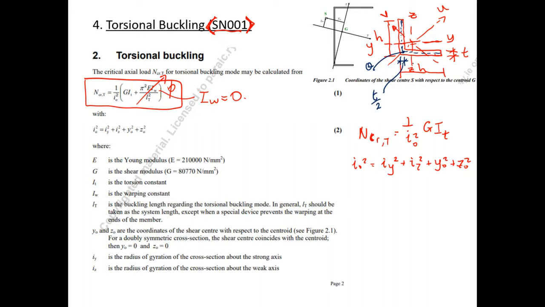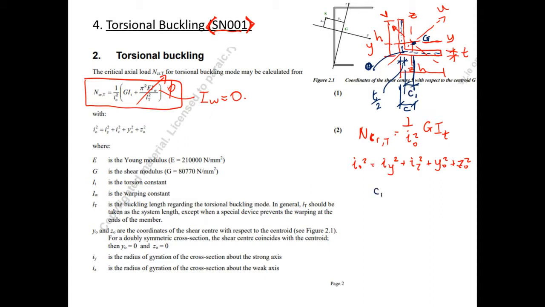Then where all of these cross over is the shear center, G. C is the distance from the outside edge to the shear center, which we can get straight from the blue book. So O is the centroid, and G is the shear center.